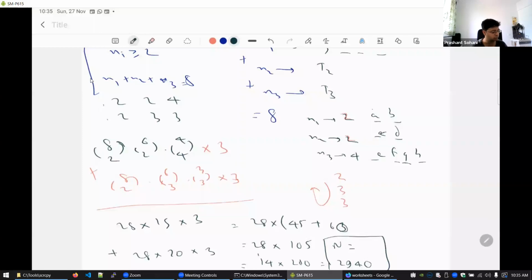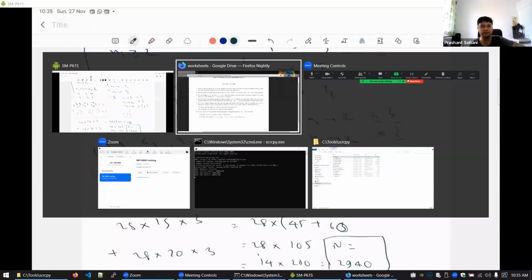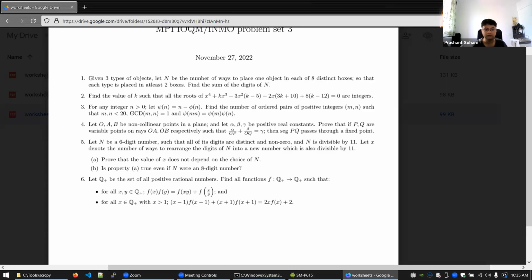Okay. But now let's do this problem using inclusion exclusion. I know we have already spent a lot of time, but let's just complete that because we have already reached there. So how can you formulate this problem in terms of inclusion exclusion? So there are three types of objects, right?